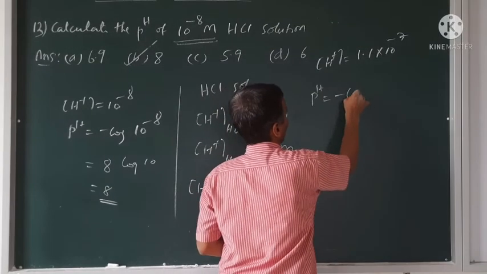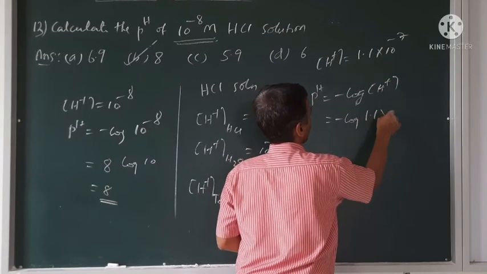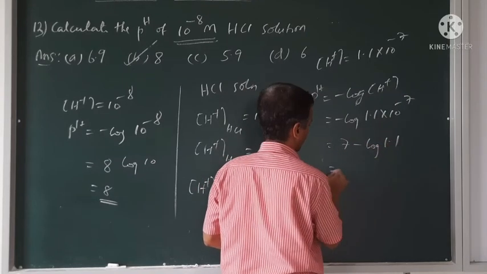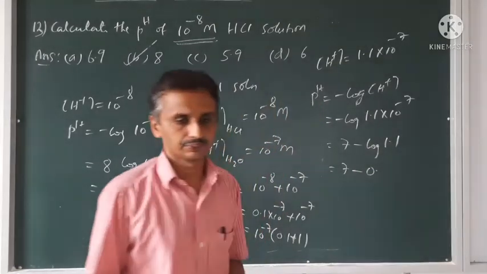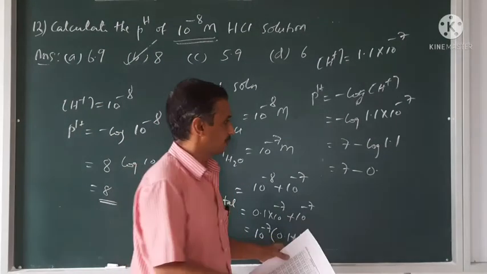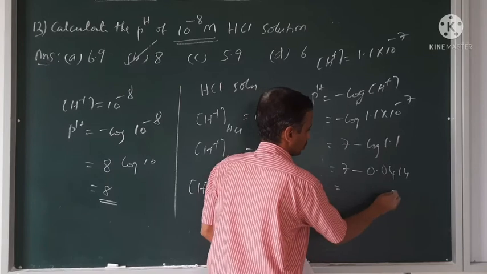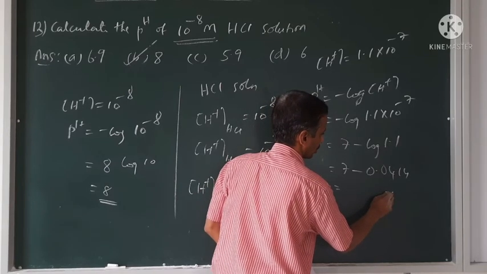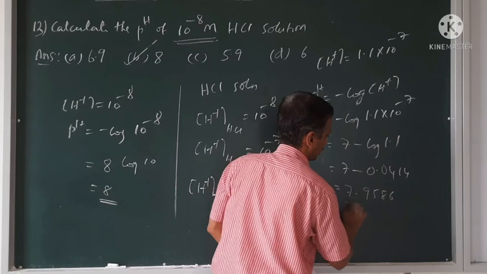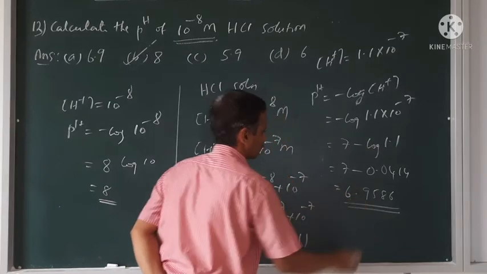pH is equal to negative logarithm of H plus concentration, which is negative logarithm of 1.1 into 10 to the power minus 7, equal to 7 minus log of 1.1, equal to 7 minus 0.0414, equal to 6.9586.